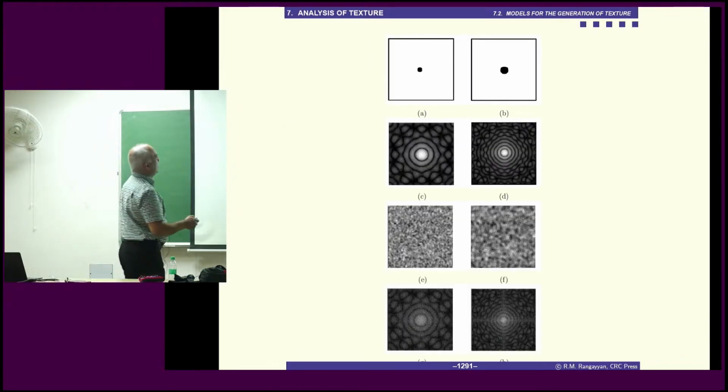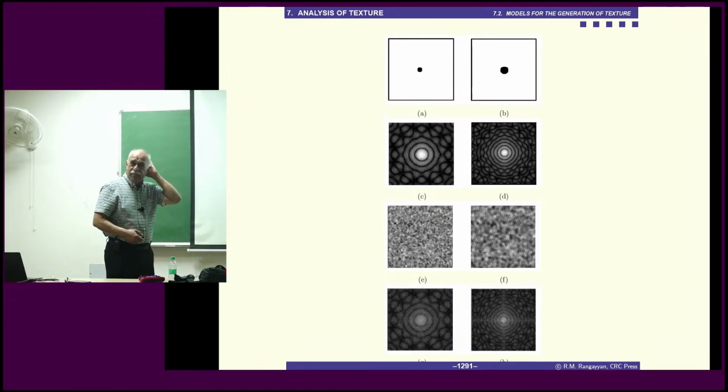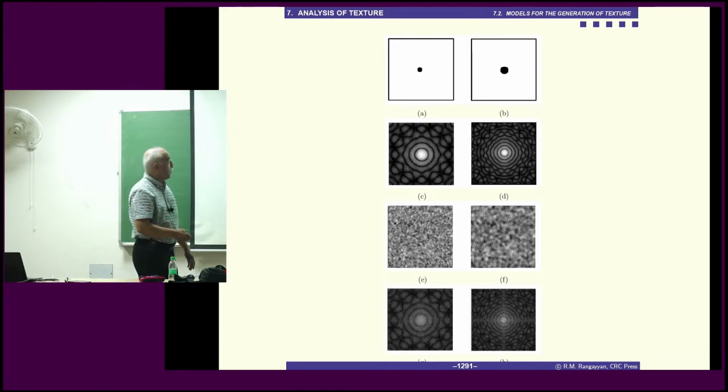So here are 2 spots, approximate circles. Their Fourier transforms we saw earlier. The Fourier transform for a circle is a Bessel function with this ring-like structure and with aliasing or high frequency artifacts, because these are not perfect circles, they are on a discrete grid.